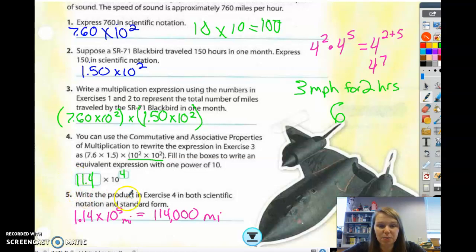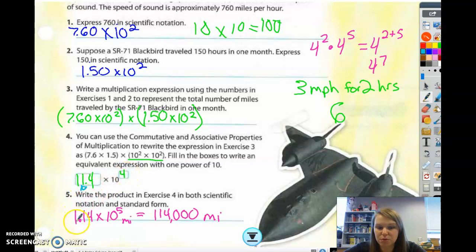Now it's saying write the product in exercise 4 in both scientific notation and standard form. Do you see how this is an 11.4? That's not scientific notation. We're not supposed to have 2 digits in front of the decimal place. So what I need to do is take this and move it over 1 spot. If I moved it over 1 spot, I changed this exponent to a 5.